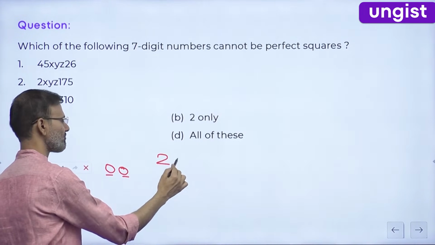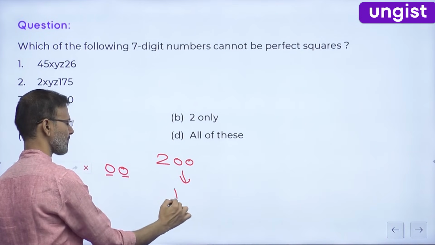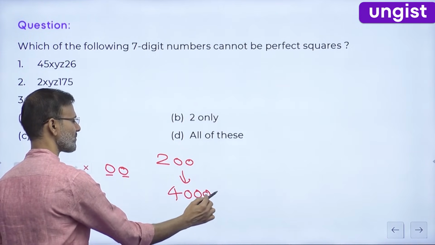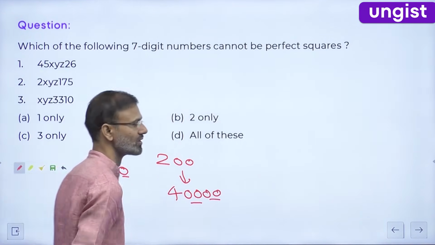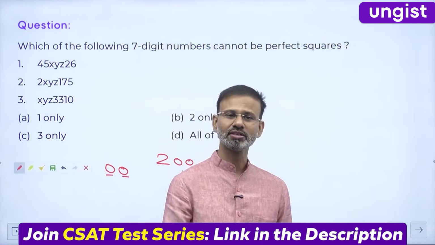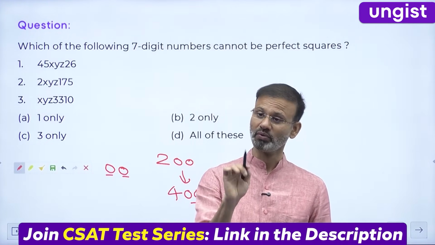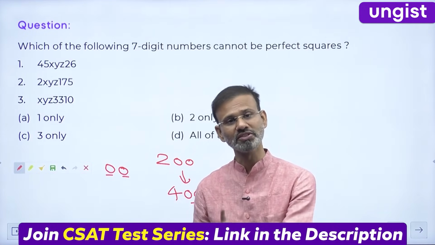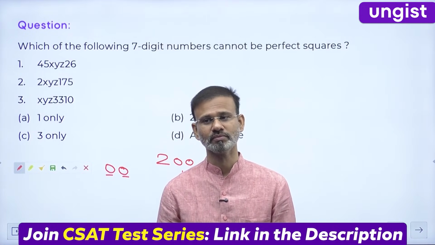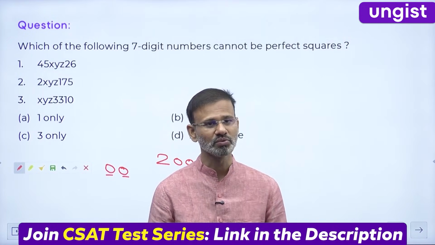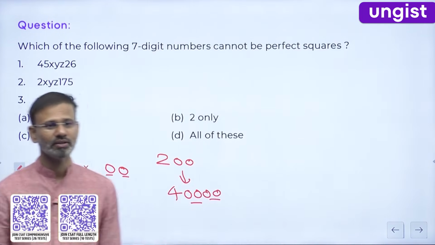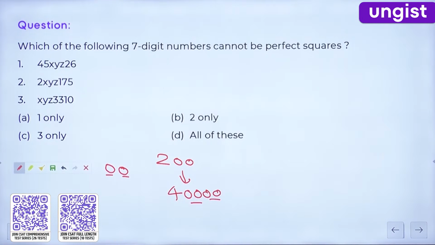Or what is the square of 200? It is 40,000, so it will end with 4 zeros. So everyone, if a perfect square is ending with 0, it will end with an even number of zeros. Yes or no? It will end with an even number of zeros, correct?